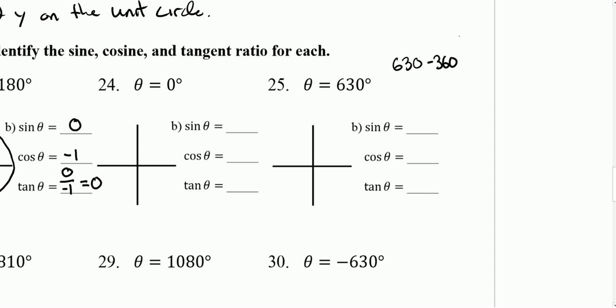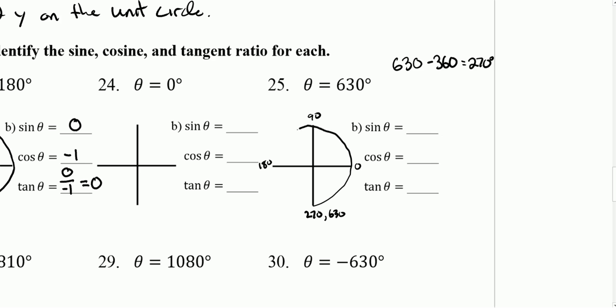So if you find 630 minus 360, you get 270 degrees. So 270, so there's 0, 90, 180, 270. 270 is coterminal with 630, sorry. They're both at the same location.